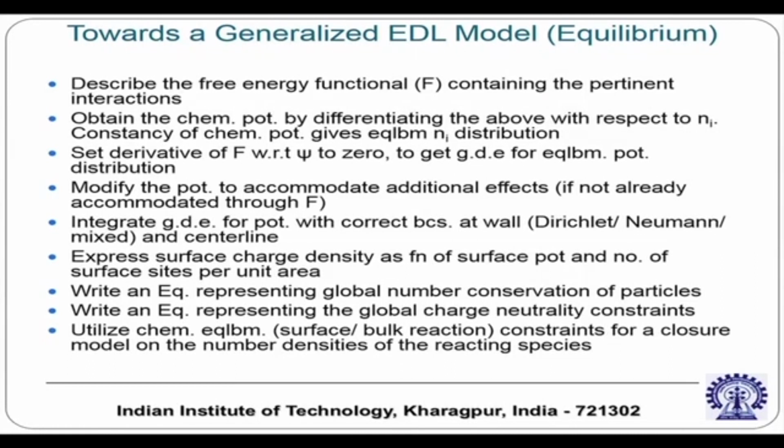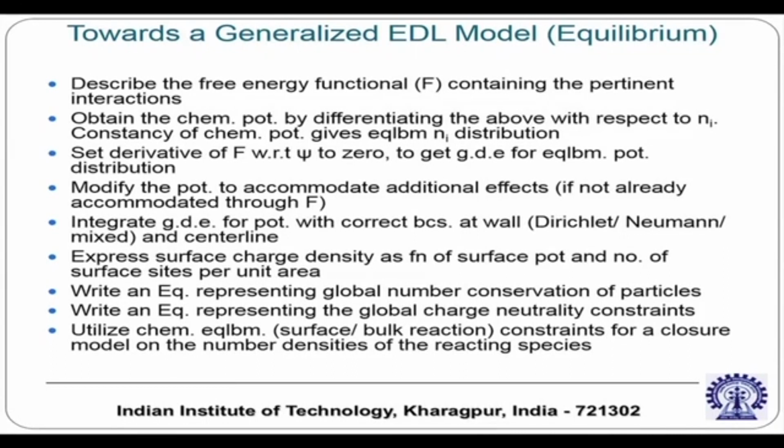Obtain the chemical potential, which is essentially electrochemical potential, by differentiating the above with respect to Ni. Constancy of chemical potential gives the equilibrium Ni distribution. Set derivative of f with respect to psi to 0 to get the governing differential equilibrium for potential distribution. This is nothing but the Poisson equation.